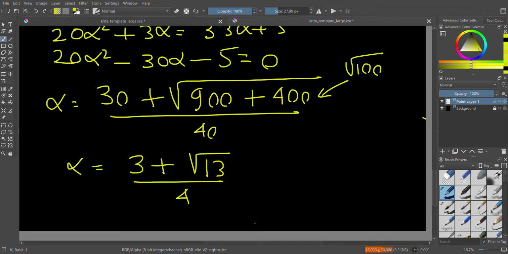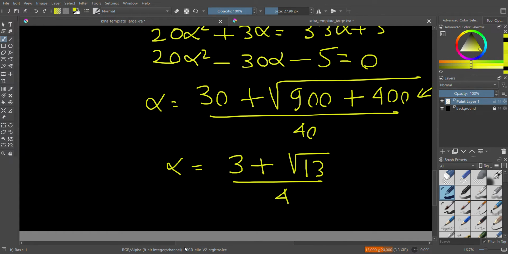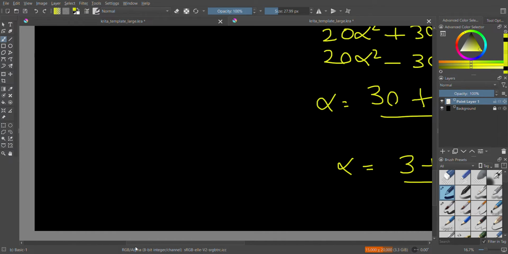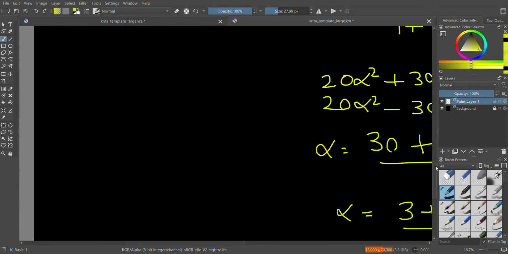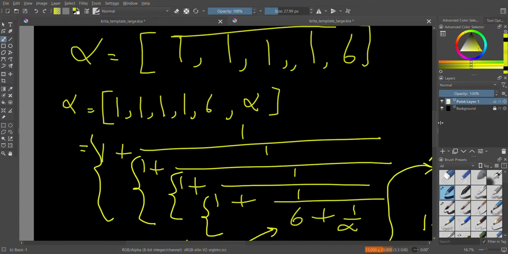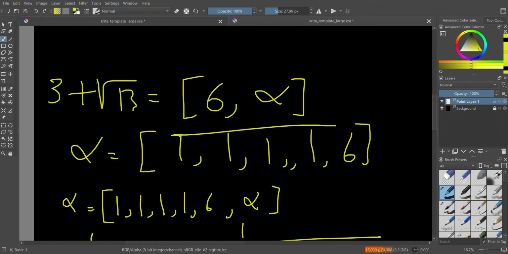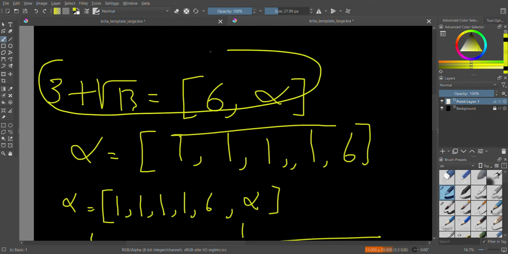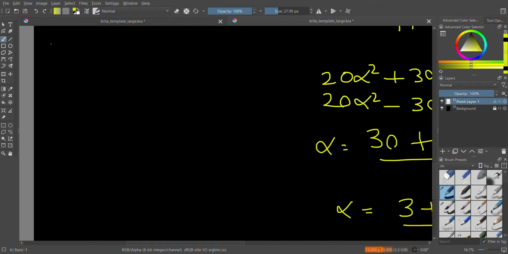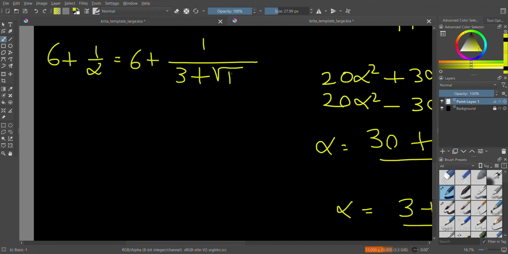Okay, so now you go back. This is your alpha, right? 3 plus 2, square root of 13 over 4. You go back to your whole number, which was here. So you're going to do 6 plus 1 over alpha, which equals 6 plus 1 over this whole thing that you just calculated, which is 3 plus square root of 13 over 4.